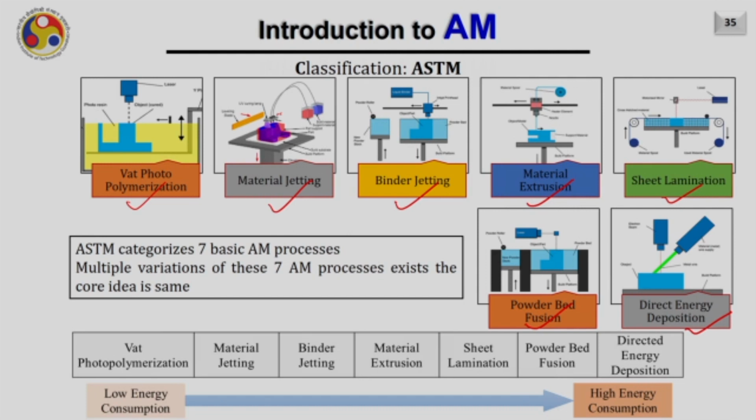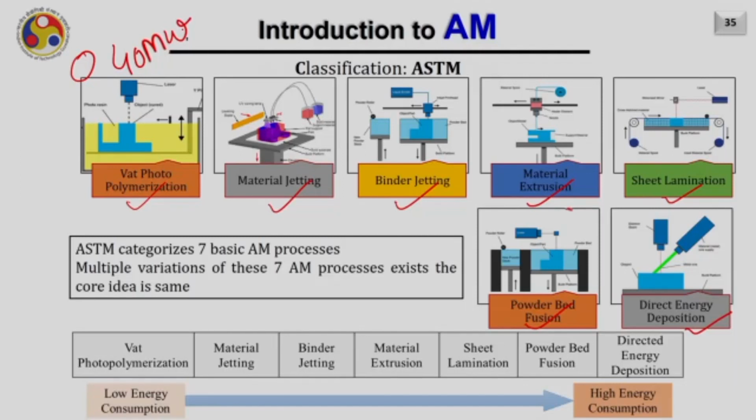Least energy is required in the case of wet photopolymerization. A typical laser of 40 milliwatt is used to cure the layer or to cure the liquid material over here. While in the case of powder bed fusion, approximately a laser of 500 watt is used. And in the case of DED, lasers up to 6 kilowatt are usually preferred.